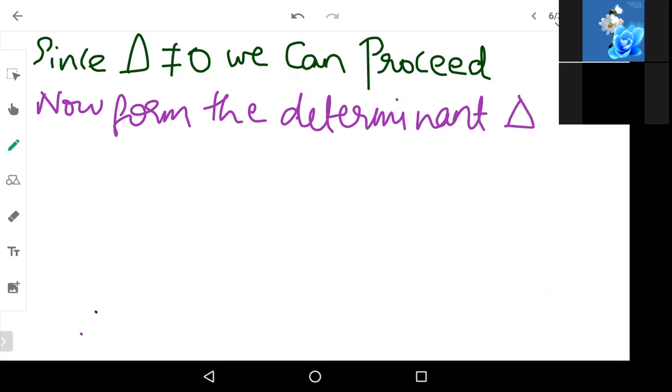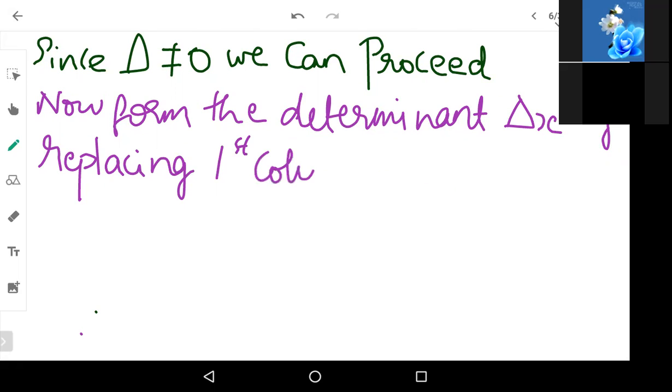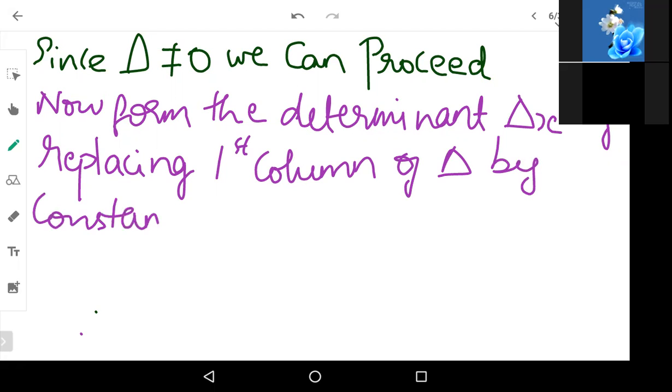Okay, delta x by replacing first column of delta by constants 8 and 11.